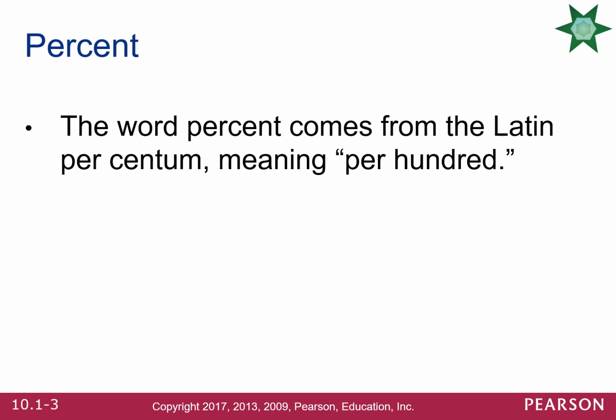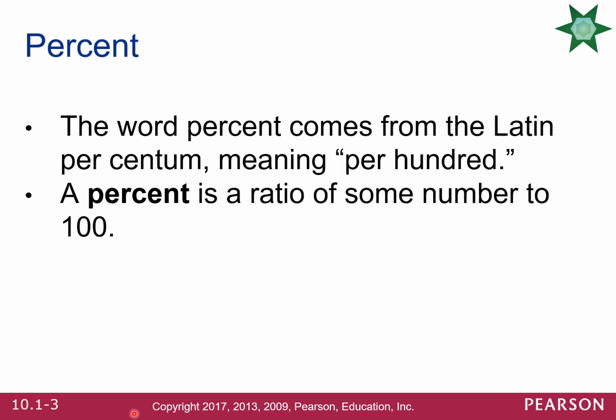So let's define here what percentage means and also what it implies. So the word percent comes from the Latin per centum. So centum, as I said before, represents the number 100. It's the word for 100 in Latin, and it means per 100, out of 100. All right. And percentage is actually a ratio of some number to 100.